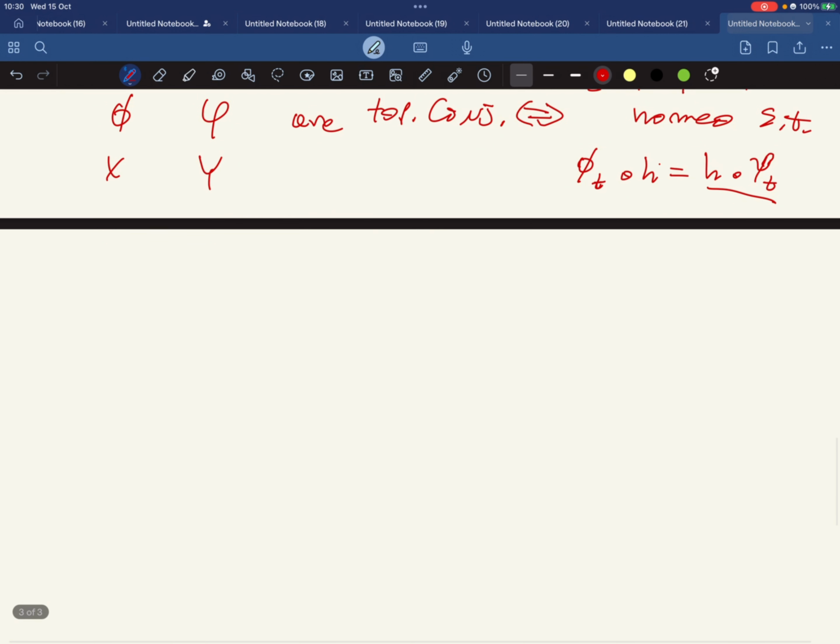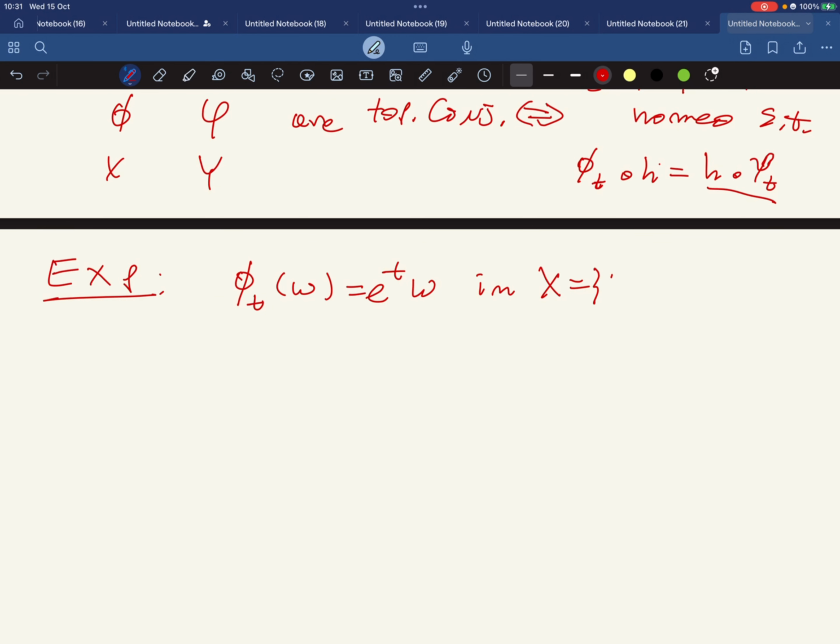And there are many examples for that. The example is this. You pick this flow phi t omega in the space X, defined as the elements of R3 such that theta equals 0 and xy different from 0.